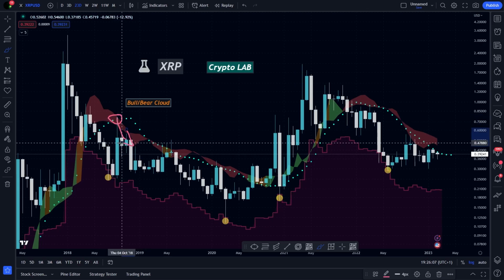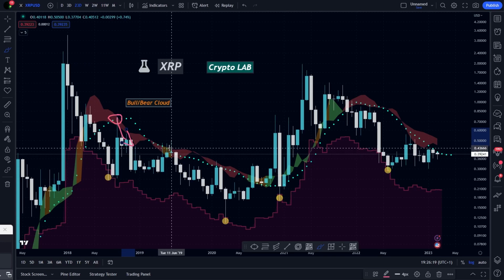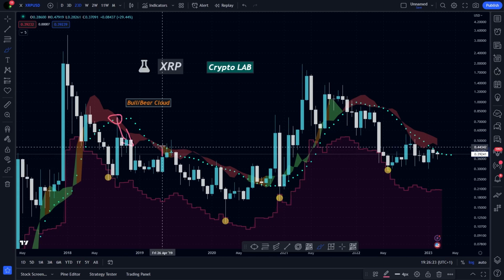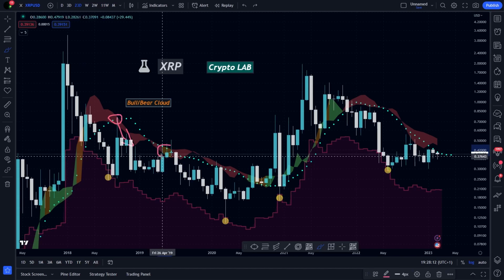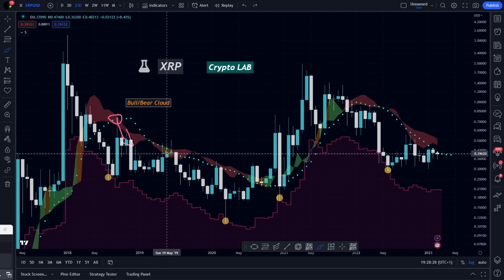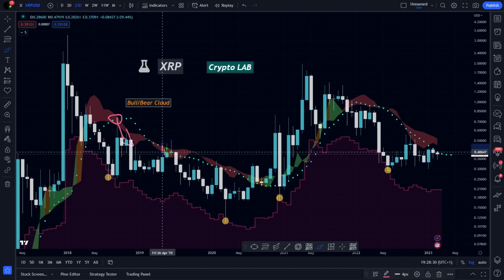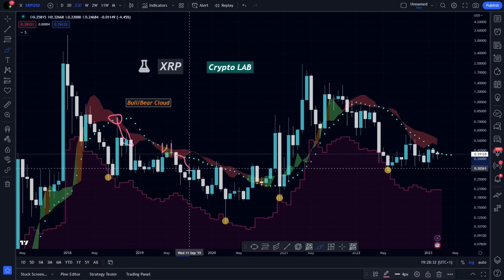We got rejected. Then here we got 3 rejections in a row, once with this candle, then with this candle, and again with this candle. Despite the fact that the cloud turned orange, meaning that we could have a possible breakout, we failed to go above it with 3 attempts and we came back down.